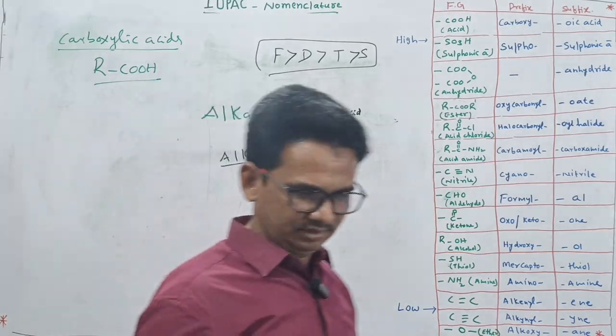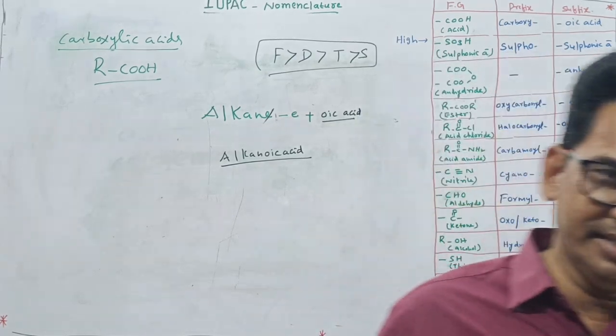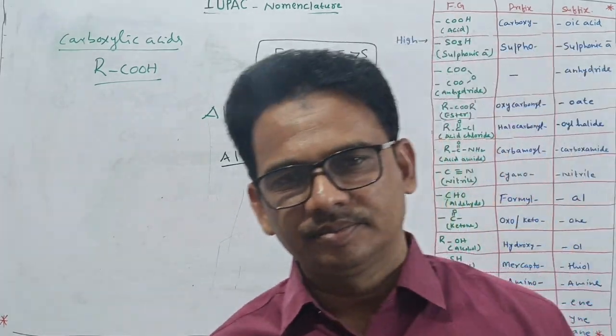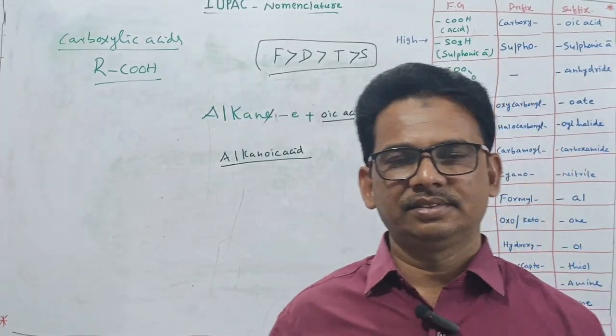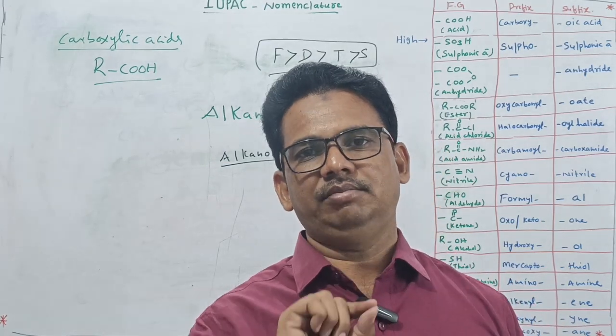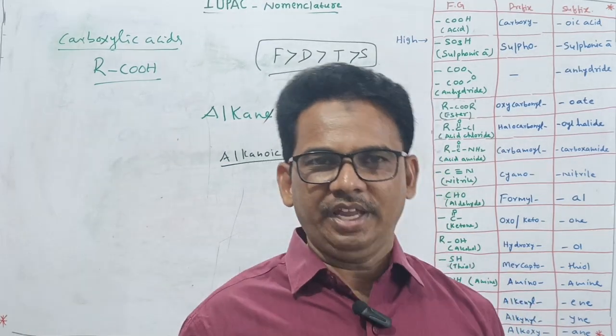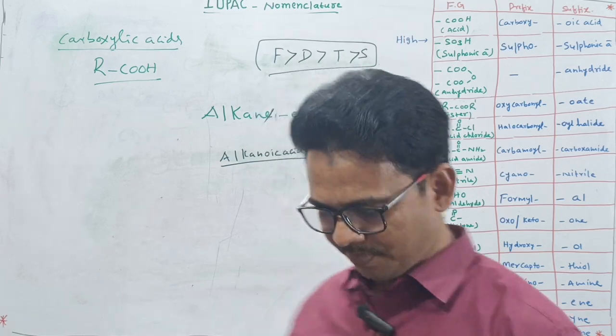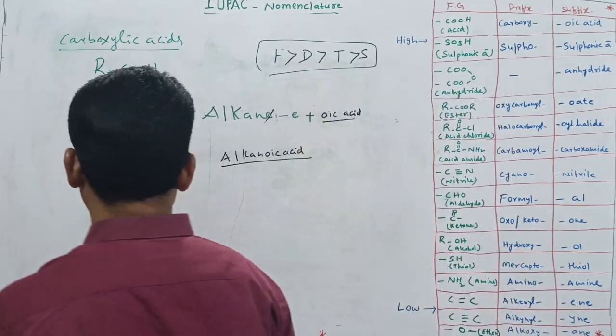Alkanoic acid, because all these are derived from the alkanes. That's why alkane minus E plus oic acid.